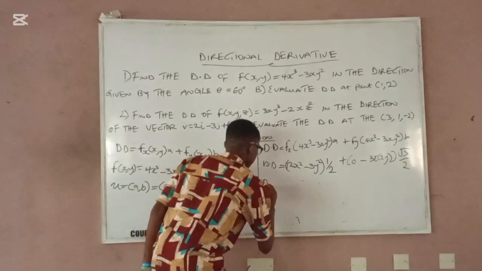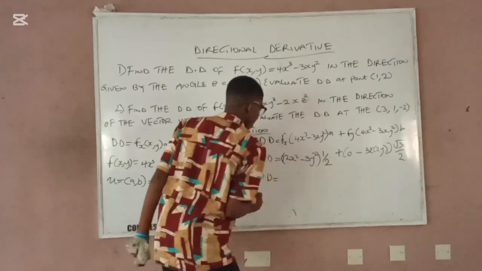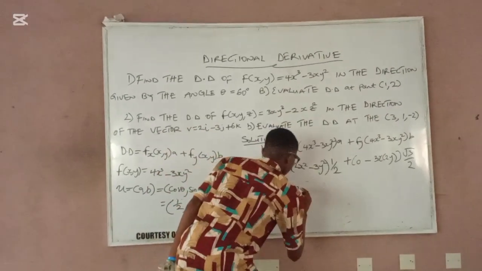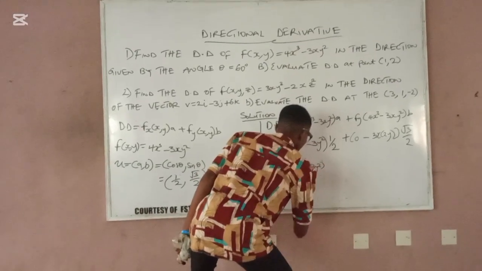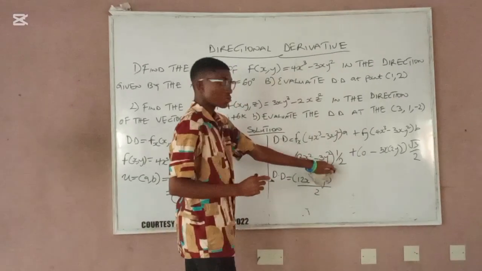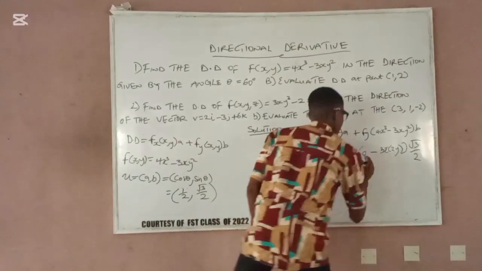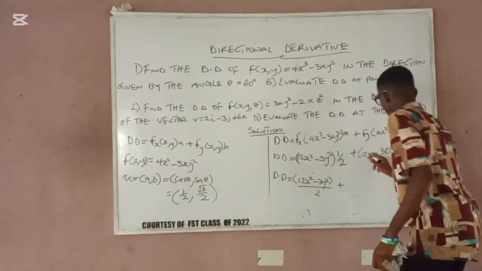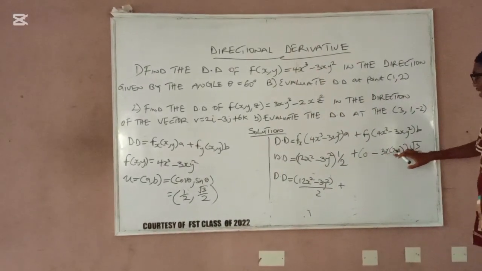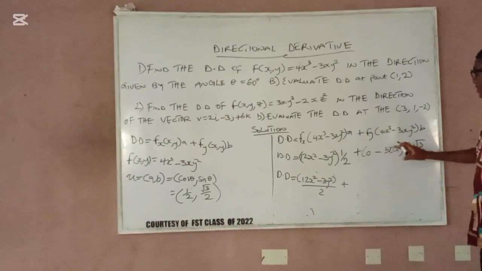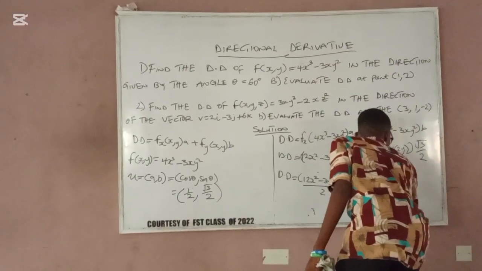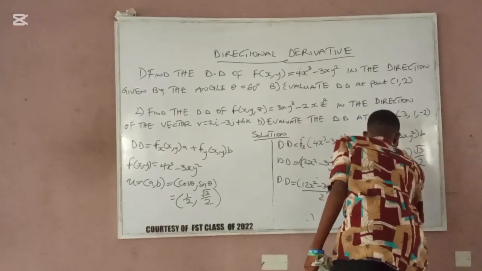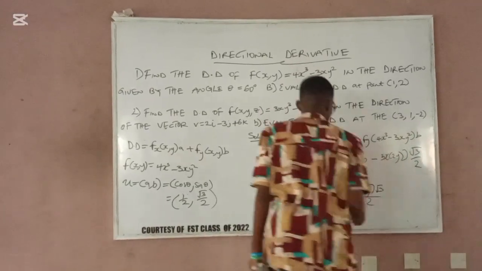Now we continue. The directional derivative now equals (12x squared minus 3y squared) times 1 over 2, plus 0, minus this 2 times 3x, that is 6xy, times root 3 over 2.